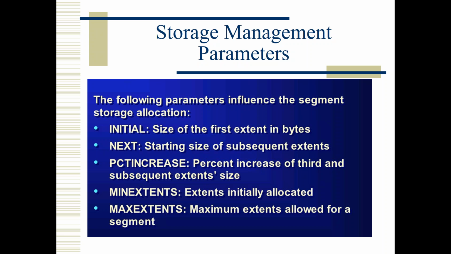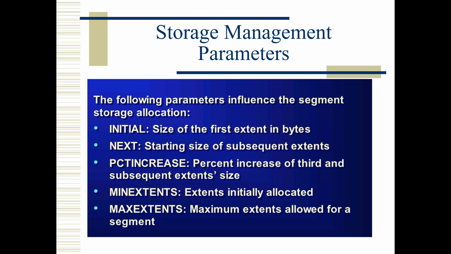Then PCT increase can either remain at 0, or if we expect increase in storage over time, we can make this exponential. So each time an extent is allocated, we can increase the percent size.